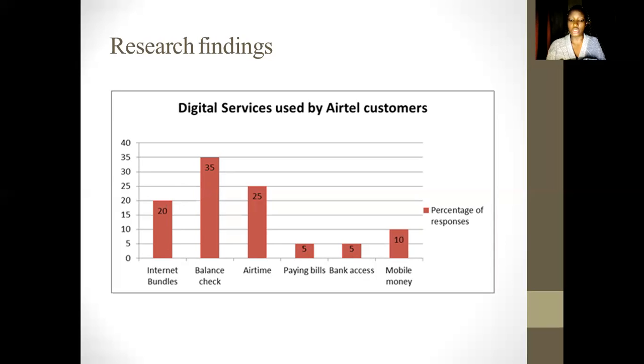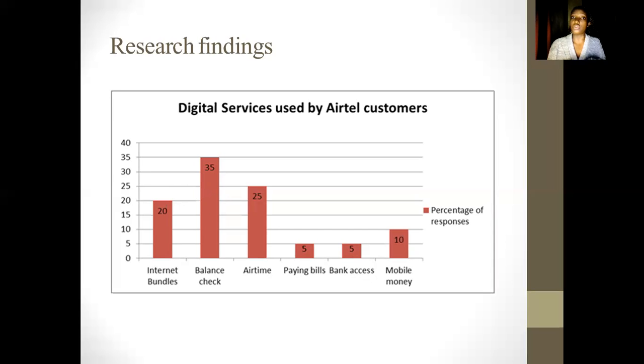For my 85 participants, as you can see on the screen, the services they used from Airtel: they use the digital services to buy internet bundles. They use those services also to check their balance, of course.